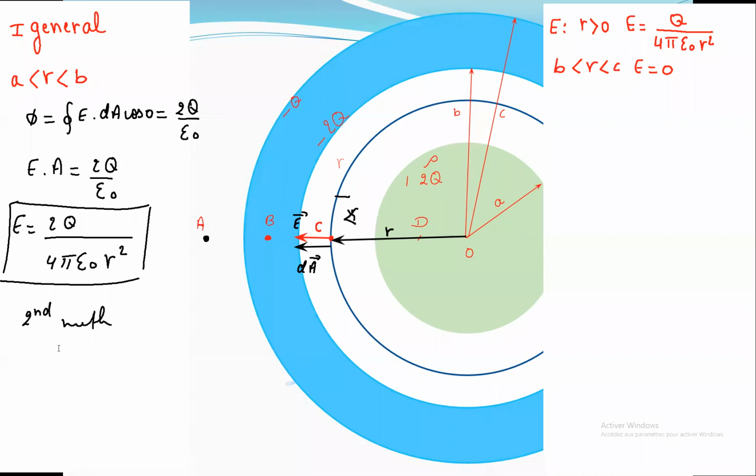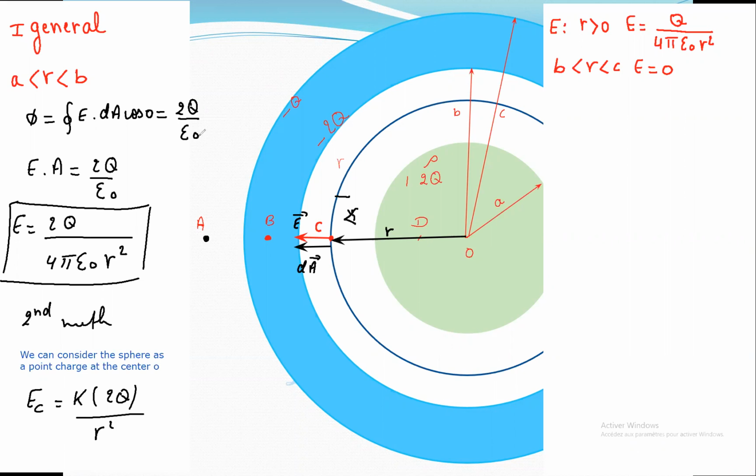We can consider the sphere as a point charge at the center O. So we can say E at the point C equals K times the total charge, 2Q, divided by R square.